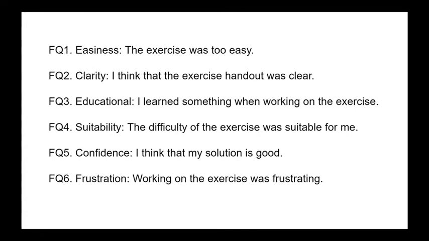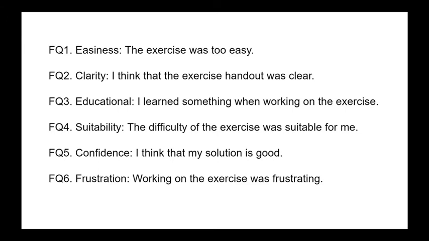And the research aspect of this paper was related to the feedback students give to assignments that are in the system. So we had 6 different feedback questions that students answer when they complete an assignment in the system.